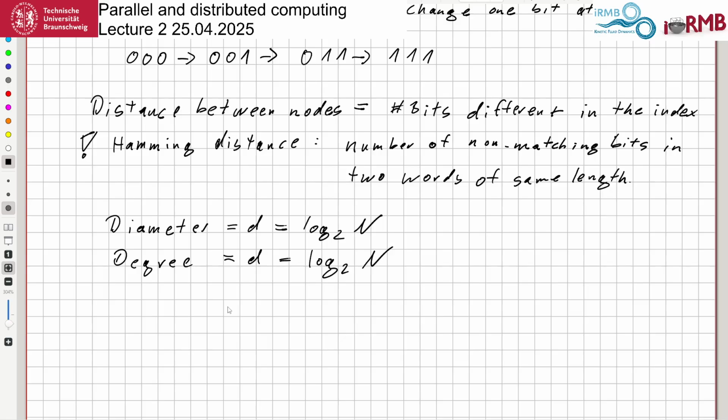Let's come to the next part, now parallel execution, or parallel speedup.